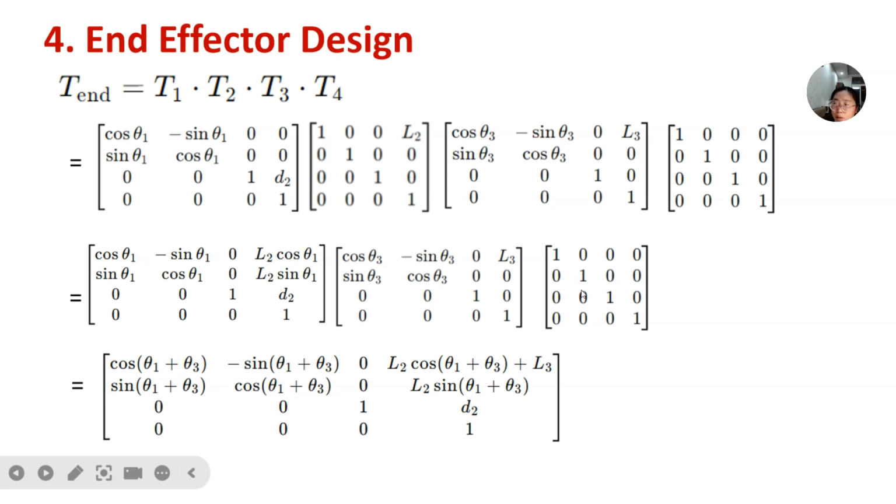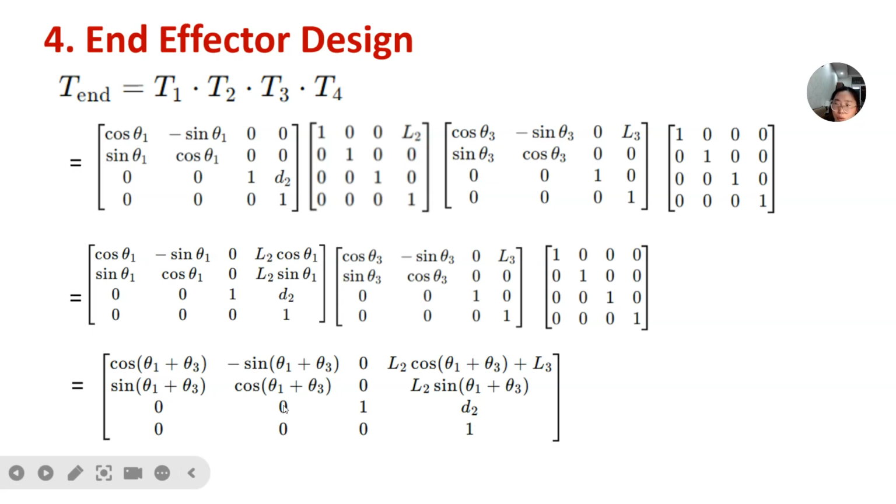Next, T1 multiply T2 multiply T3 equals cosine(theta 1 + theta 3), minus sin(theta 1 + theta 3), 0, L2 cosine theta 1 + L3 cosine(theta 1 + theta 3); sin(theta 1 + theta 3), cosine(theta 1 + theta 3), 0, L2 sin theta 1 + L3 sin(theta 1 + theta 3); 0, 0, 1, d2; 0, 0, 0, 1.